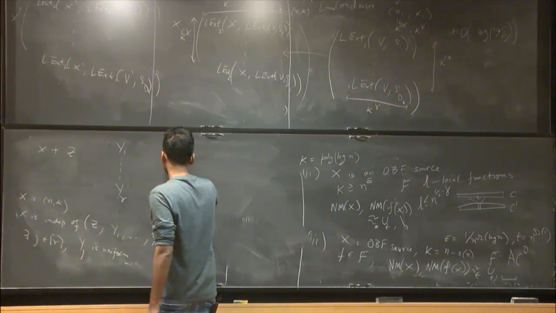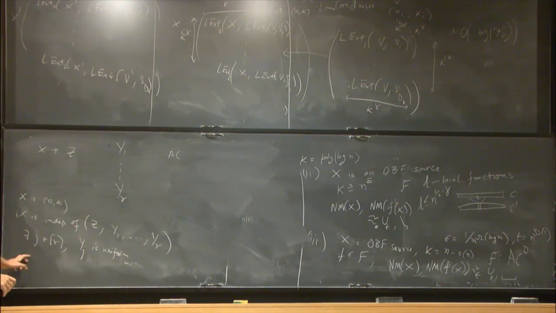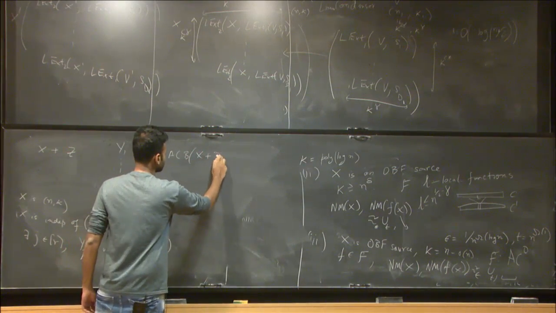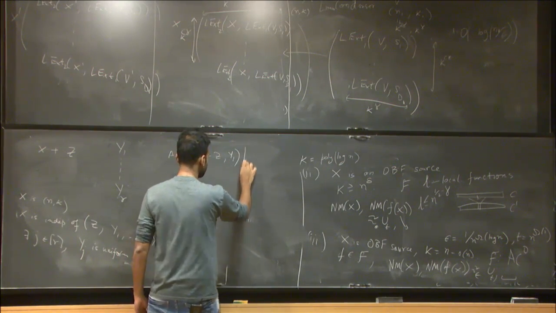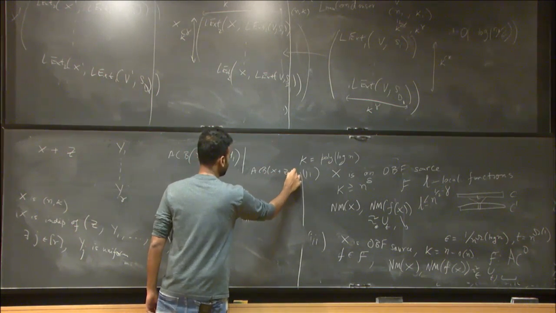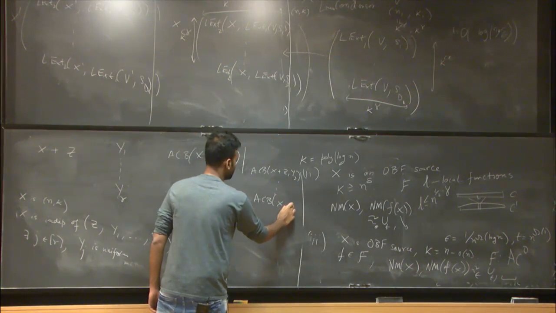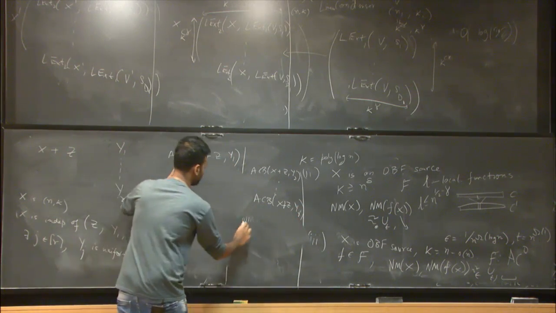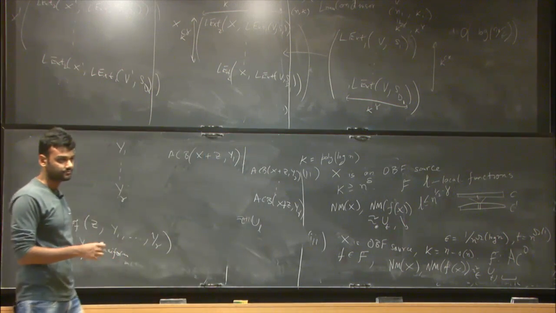Okay, so let me write. For simplicity, assume it's just 1 instead of j. What you want is the correlation breaker of x plus z on y1, conditioned on the correlation breaker of x plus z on y2 through the correlation breaker of x plus z on yr, to be close to uniform, some L bits.